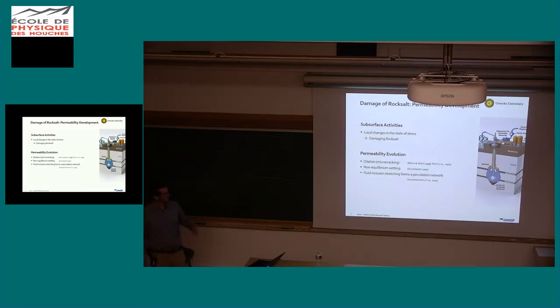So to quickly talk about possible permeability development in rock salt in general, I want to discuss these three mechanisms. First, when we damage rock salt, it behaves in a rather brittle manner because of the differential stress changes, and then it's basically microcracking or dilating. Then we have the other concept I just showed, depending on the dynamic wetting angles, that could lead to increasing permeabilities.